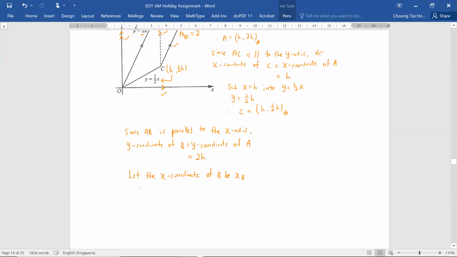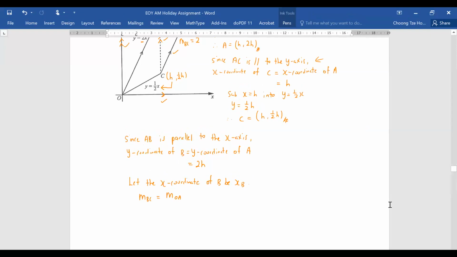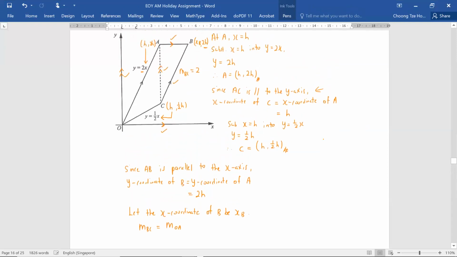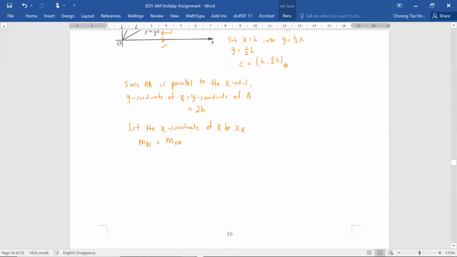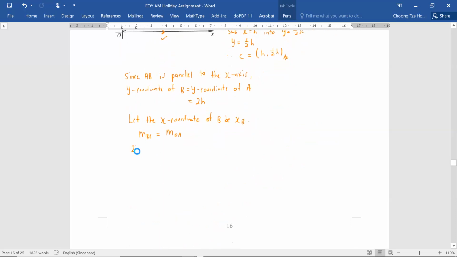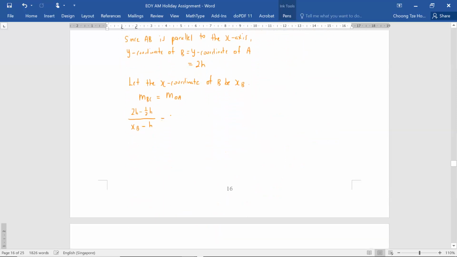Okay, then gradient of BC equals to gradient of OA. So for gradient, we're going to use the gradient formula, y2 minus y1 over x2 minus x1. So 2h minus half h over x coordinate of B minus the x coordinate of C, which is h, and this is going to be equals to 2.